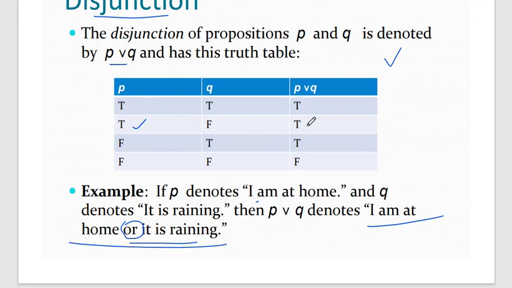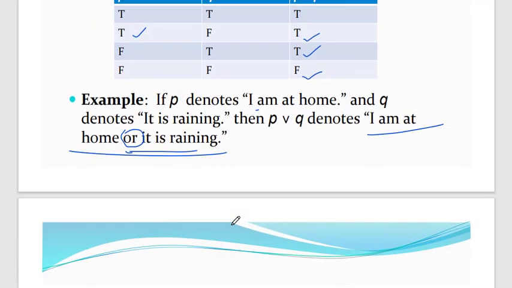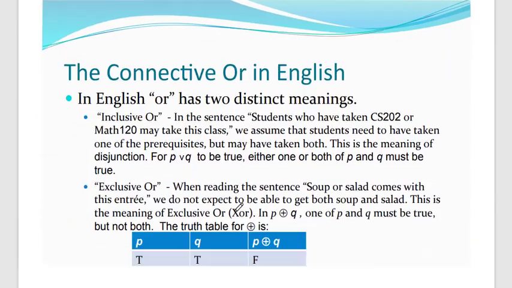I am at home whether it's raining or not, so it will become true. I am not at home, whether it's raining or not raining, it will also become true. And if both are false, then this statement will become false. So this is disjunction.